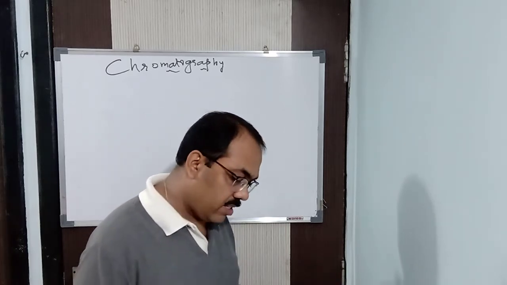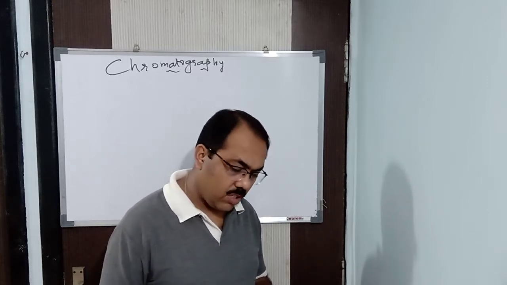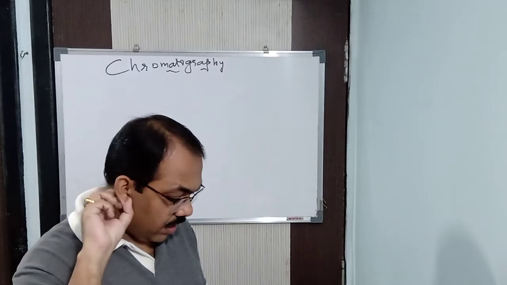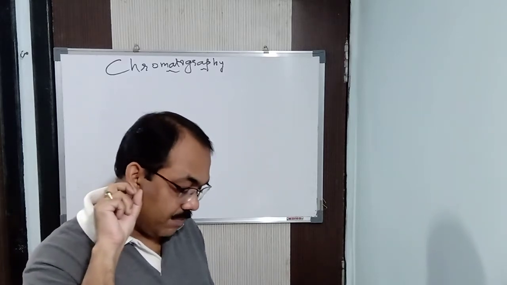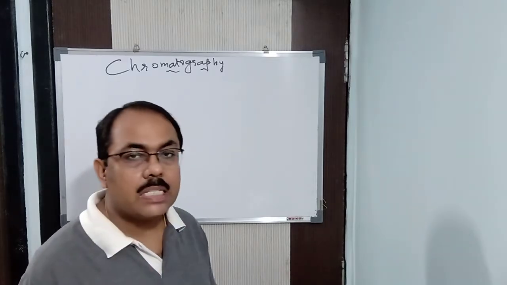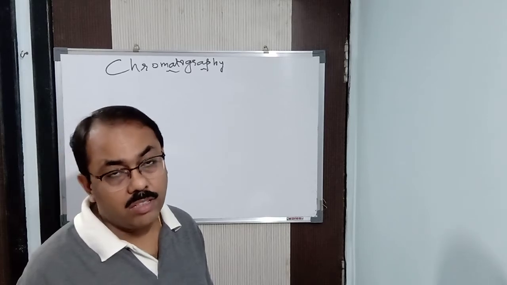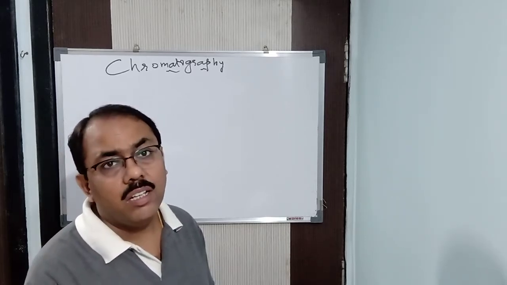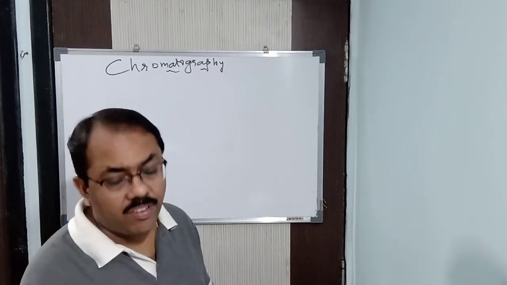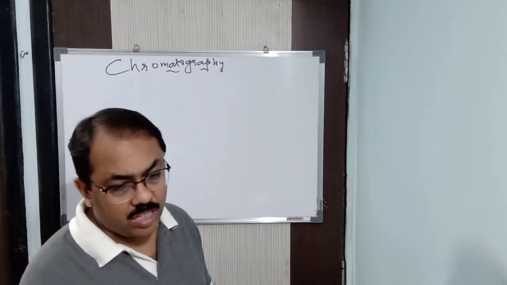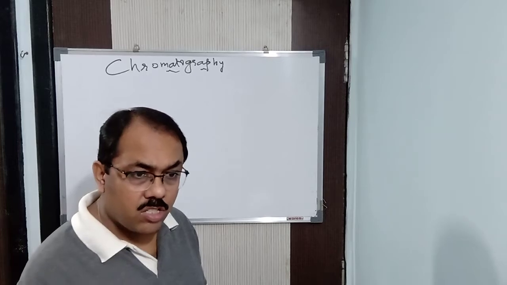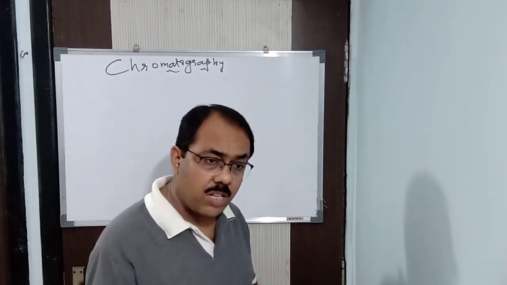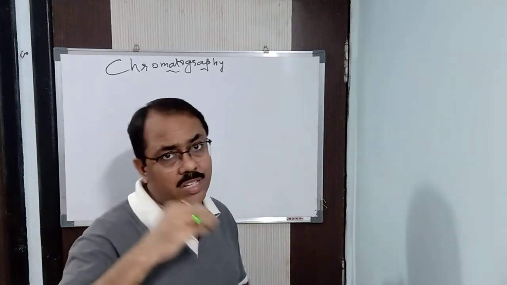Again I repeat, chromatography is based on the fact that the different constituents of a mixture are adsorbed to different extents by an adsorbent. Their solubilities are different in the same solvent. Some substances dissolve more, some less, some faster, some at a slower rate.